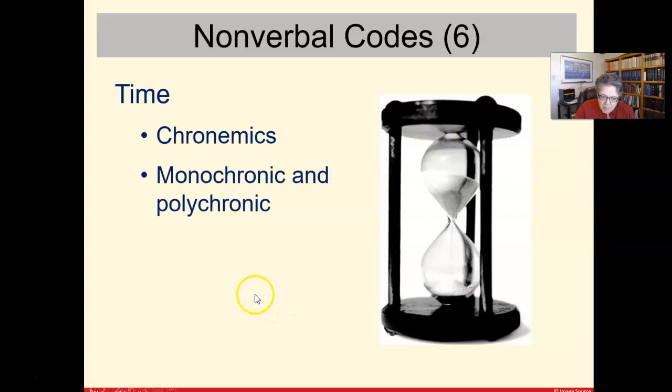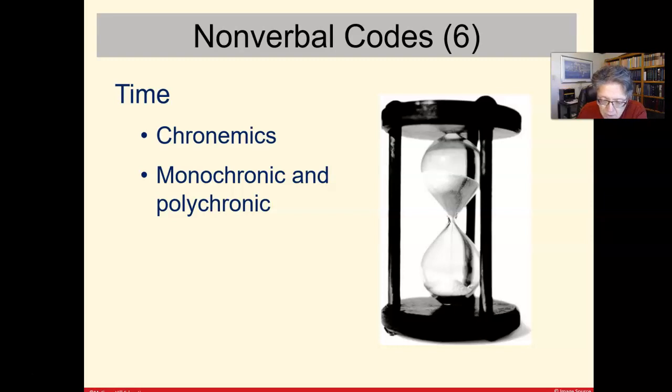One of the things he didn't mention in the video was the use of time as nonverbal communication. And we talk about time as chronemics. We're talking about two kinds of time. The first is monochronic time, and the second is polychronic time. Monochronic time is the kind of use of time where you do one thing at a time.